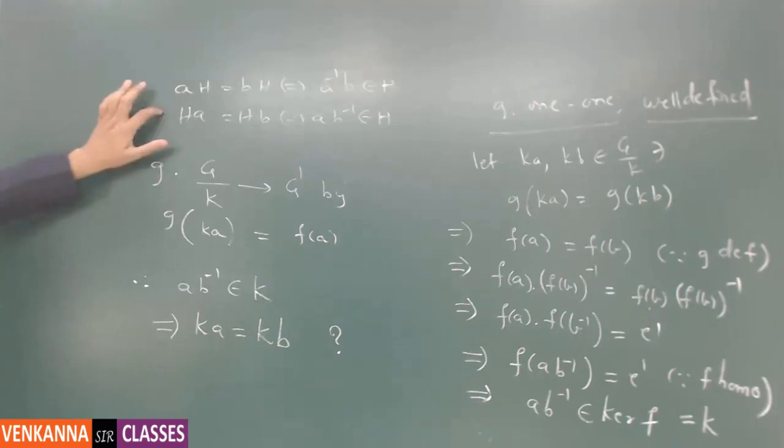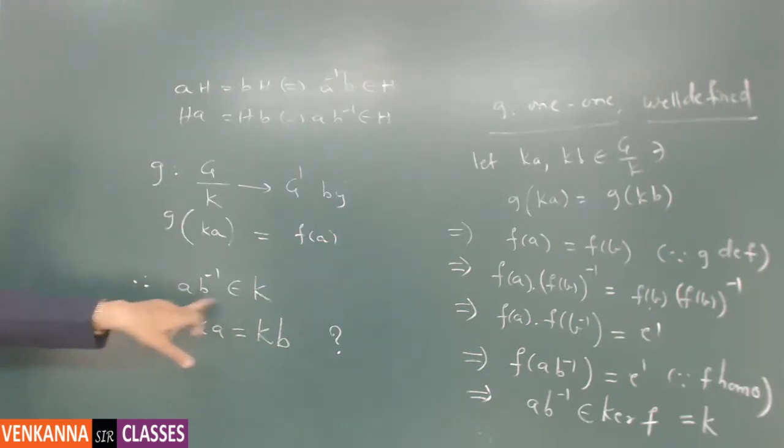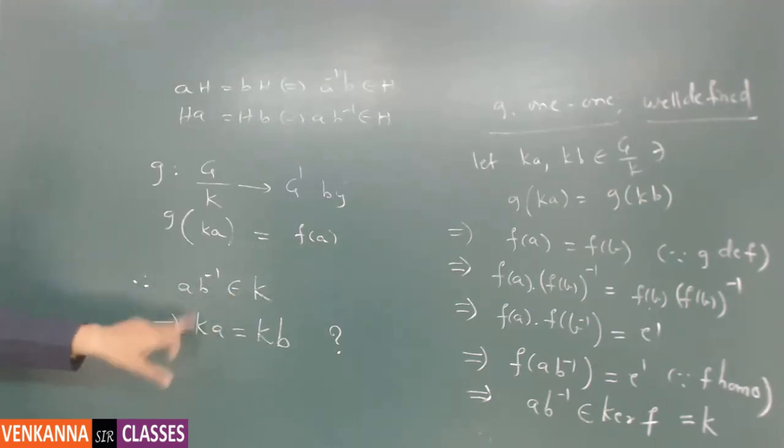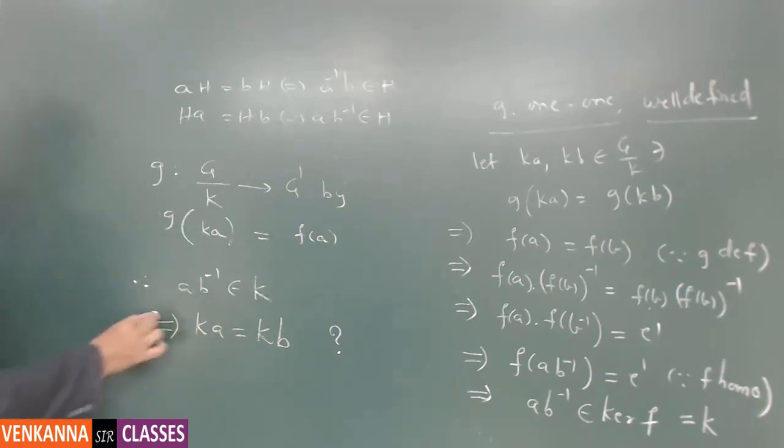So using this part, since Ka is equal to Kb if and only if ab inverse belongs to K, this thing will come. And if you observe the logic I have written, it is implies and implied by.